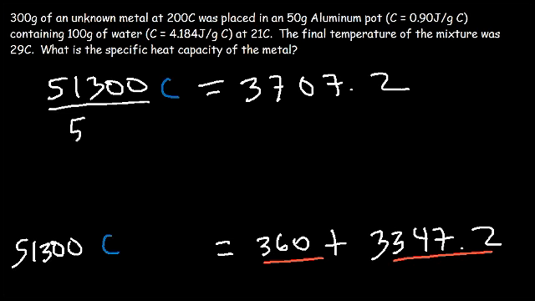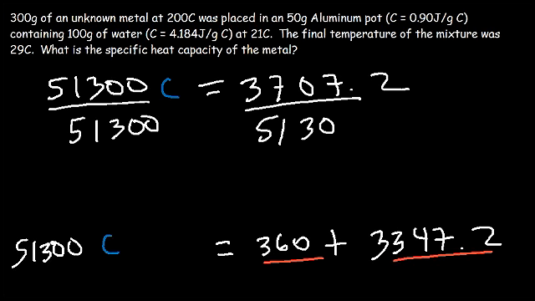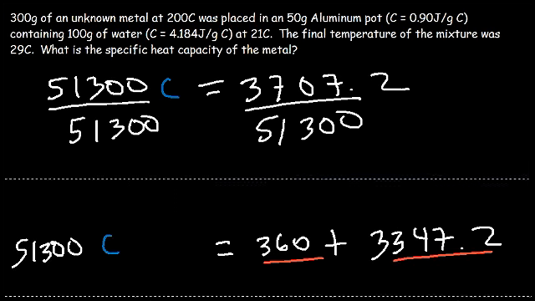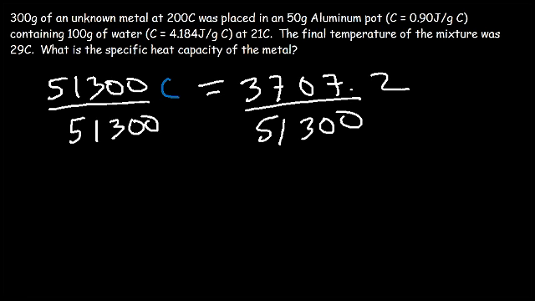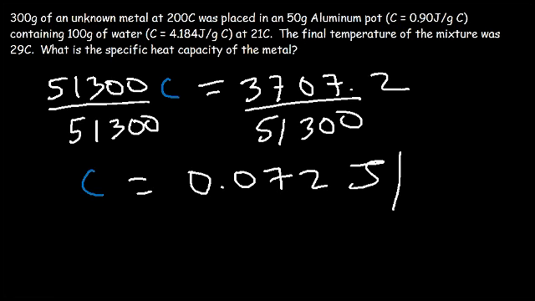So to solve for C, let's divide both sides by 51,300. So the specific heat capacity of this unknown metal is 0.072 joules per gram per Celsius.